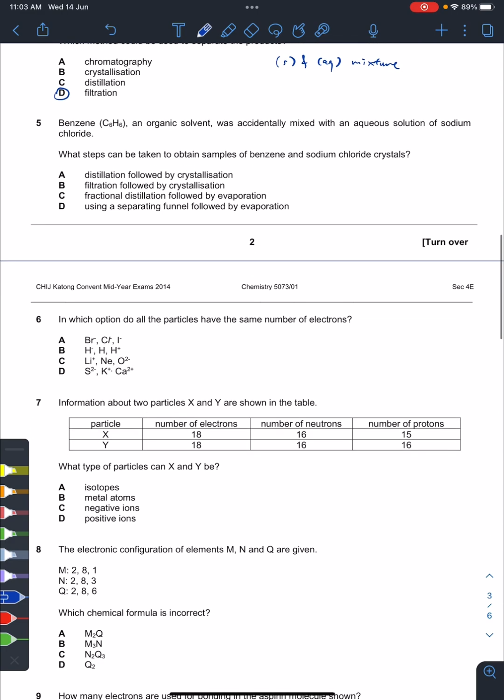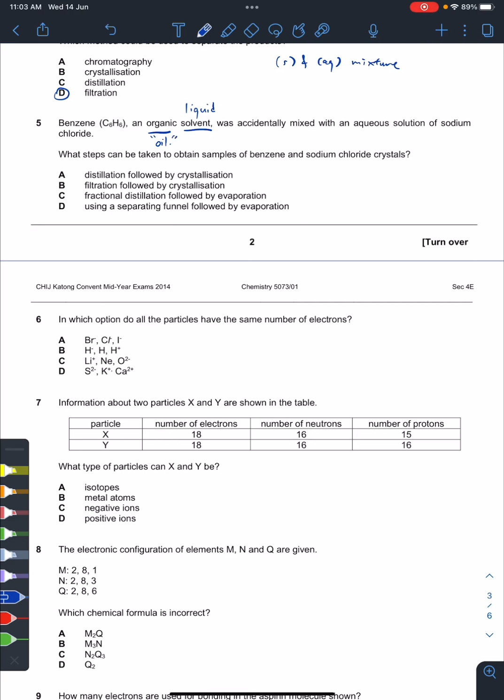Okay, question 5. Benzene is... What is benzene? Well, at least I recognize the word solvent. Solvent means it is very likely a liquid that you dissolve something in. Example, water. Water is a solvent. Organic solvent. What comes to my mind is something like oil.